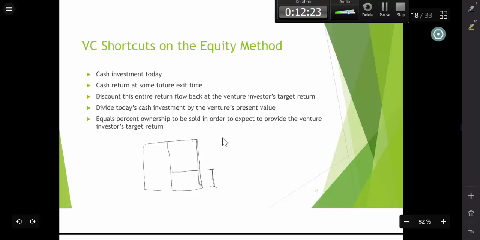So there's an equity amount X, and then there's also the number of shares. Let's call that little x, and then the number of shares, I'll call that n.